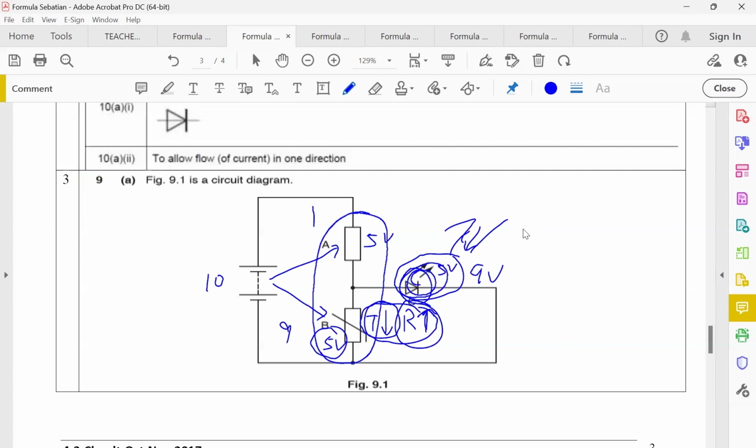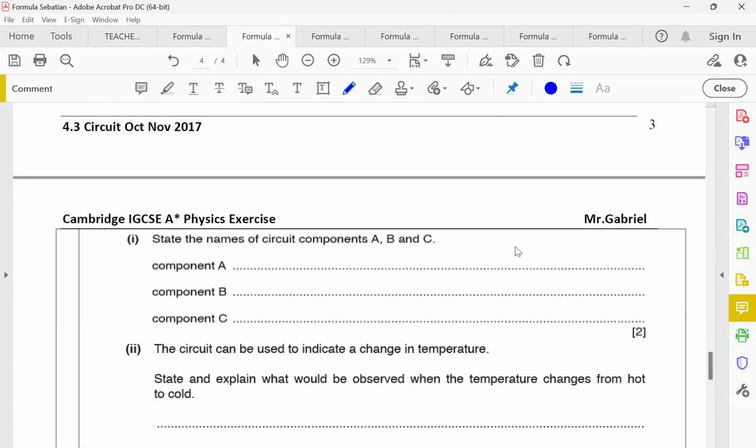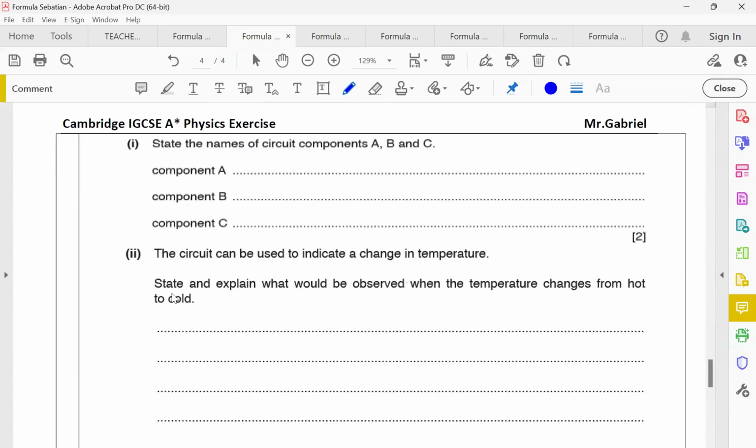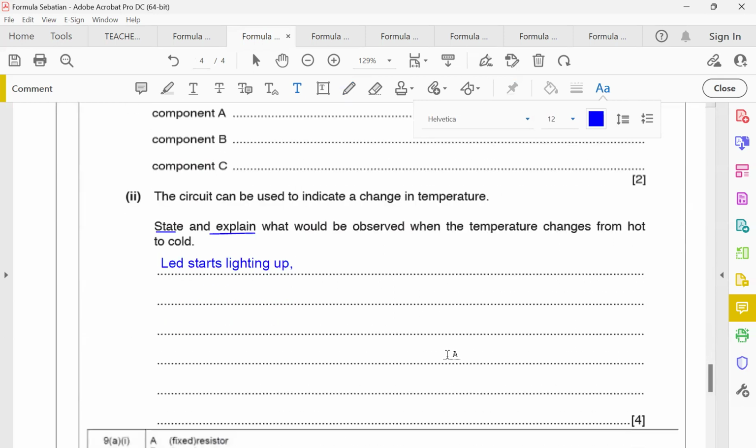Yes, confusing chapter. I know you're not the first one. So basically, the voltage is the way it is. So from here you have to state and observe. My statement is the LED starts lighting up. Then I have to explain why.